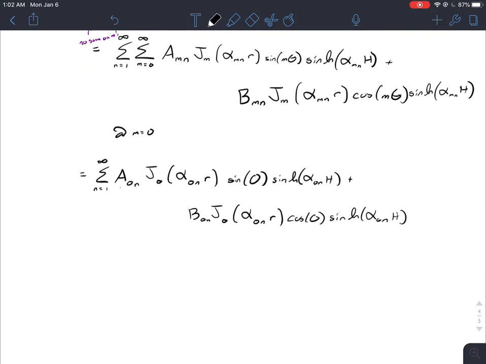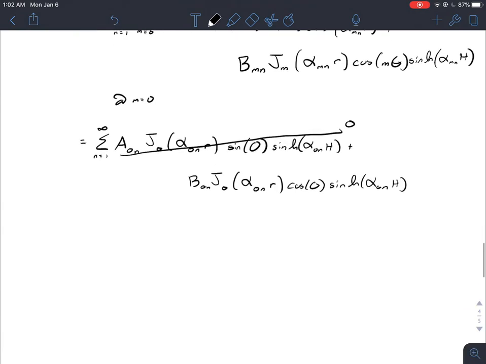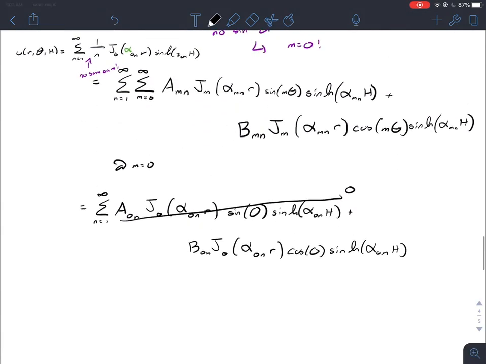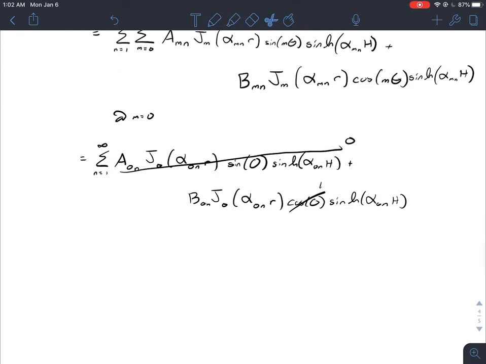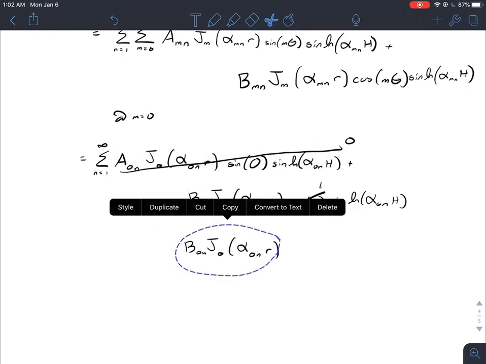Remember that sine of 0 is just 0, so we can literally cross out this entire term right here. And now we're only looking at the cosine dependent terms, or the b0 dependent terms, because cosine of 0 is just 1. So let's move everything else down here, because this is all we're looking at, essentially.